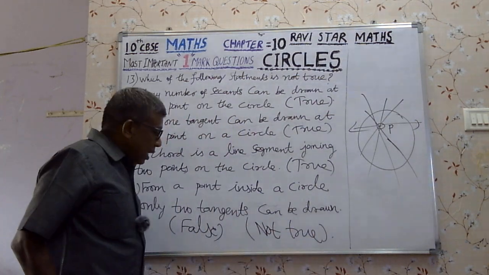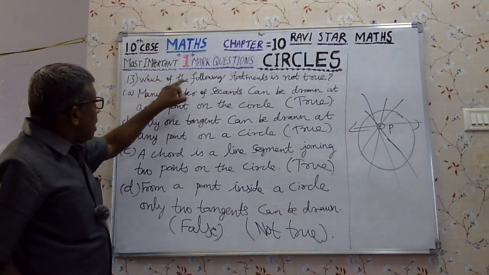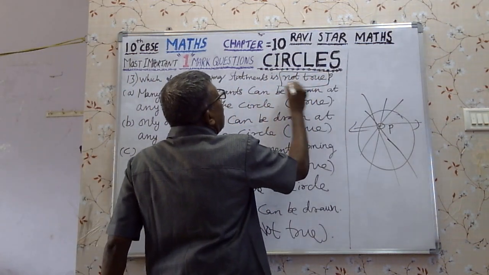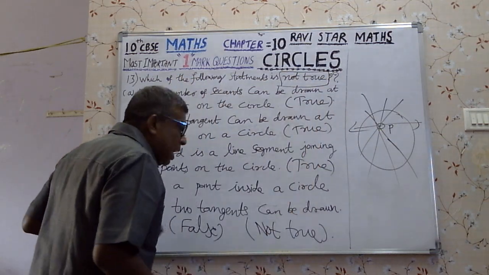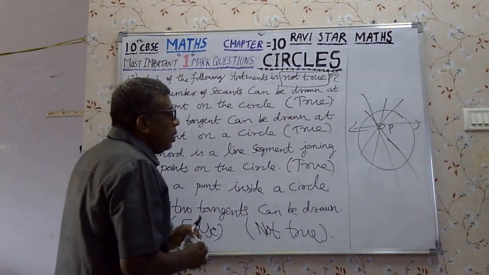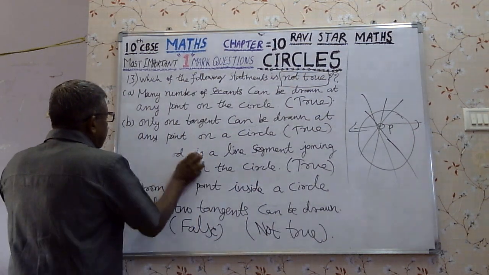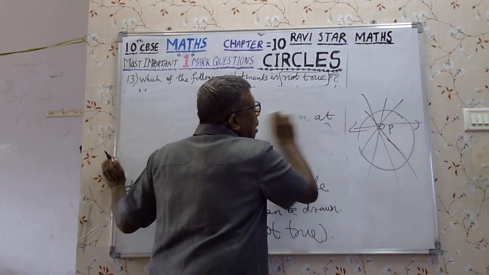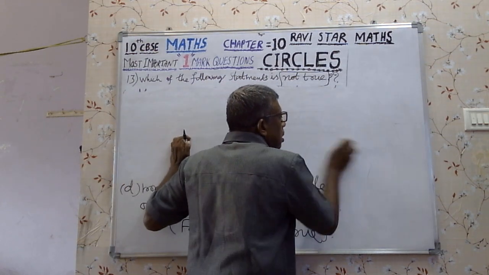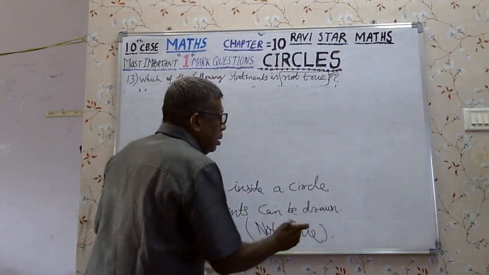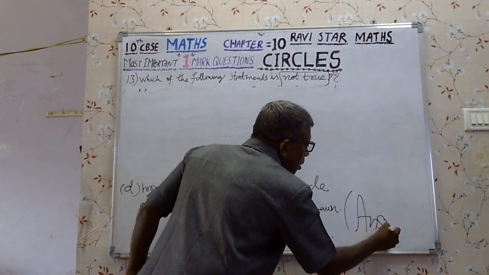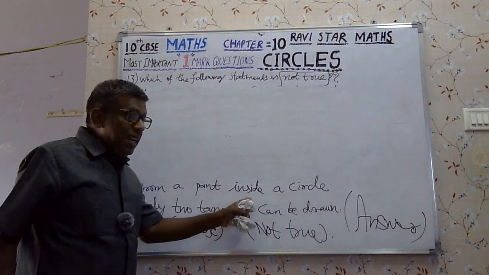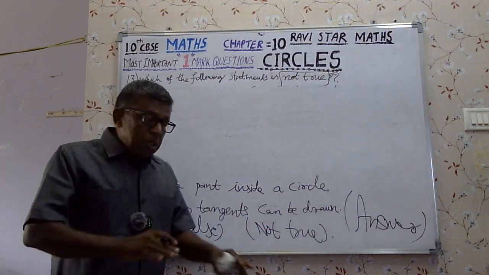This is not true. This is the answer for our problem. Which of the following statements is not true? The answer is option D. From a point inside a circle, it is not possible to draw any tangent.